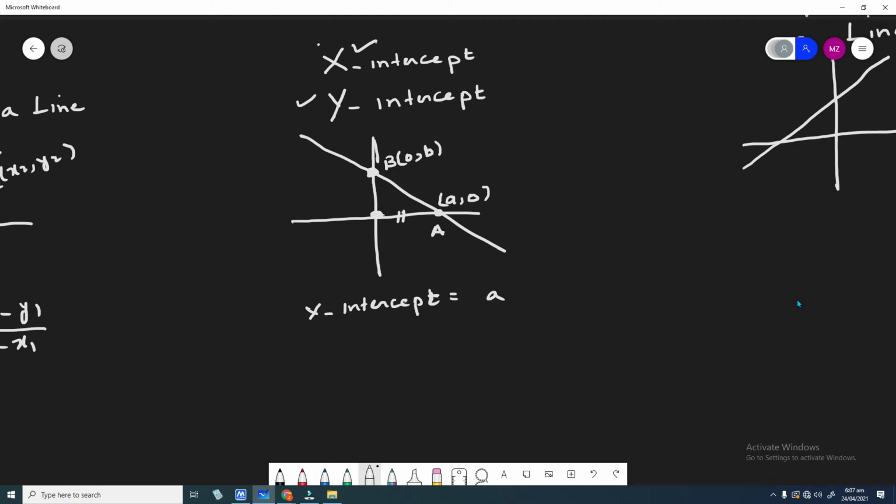Similarly, the y-intercept is where this line cuts the y-axis. Now this line is cutting the y-axis at this point B. So this distance is the y-intercept. Now this is actually this small b. So this is small b, and this is small a. So the y-intercept will be b in this case. So this is all about x-intercept and y-intercept.